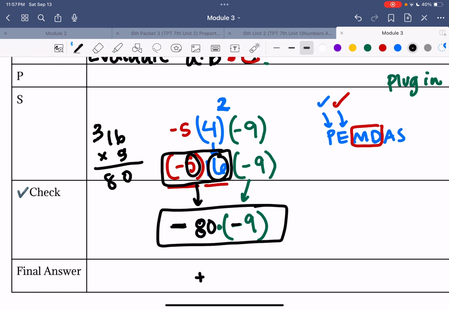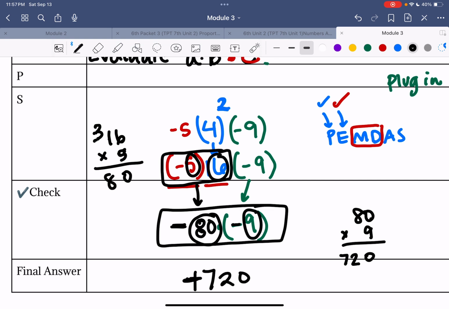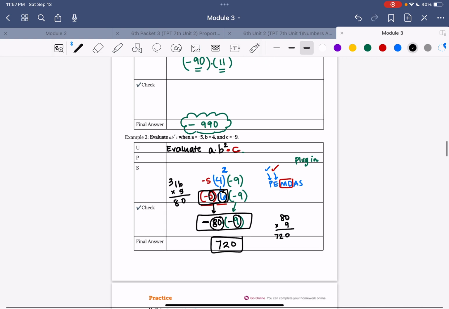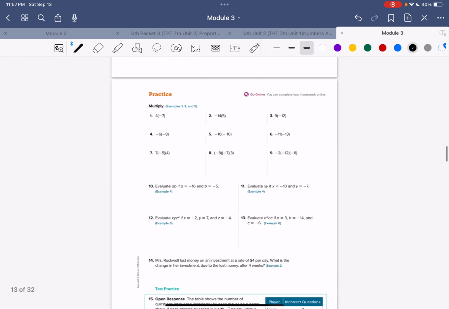My final answer is positive. And then I just multiply my numbers like normal. So 80 times 9, 9 times 0 is 0, 9 times 8 is 72, so I get 720. And I don't need to put a positive sign on it, even though I know it's positive, and you just stop right there.